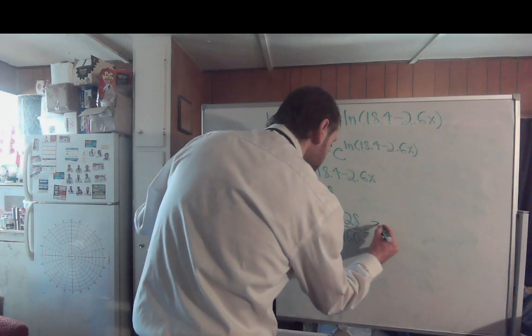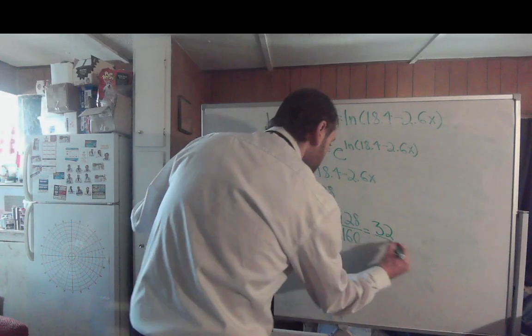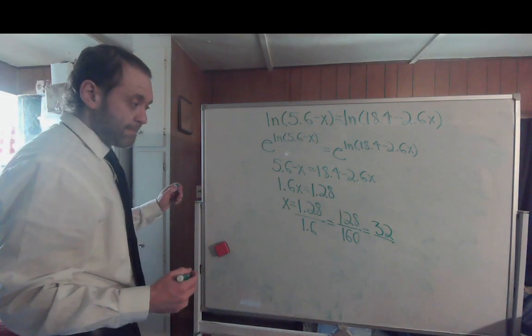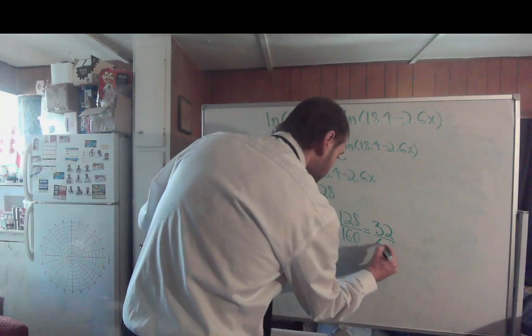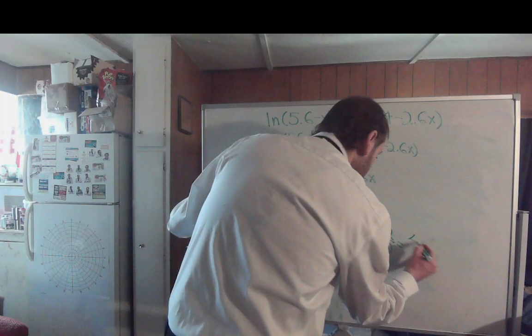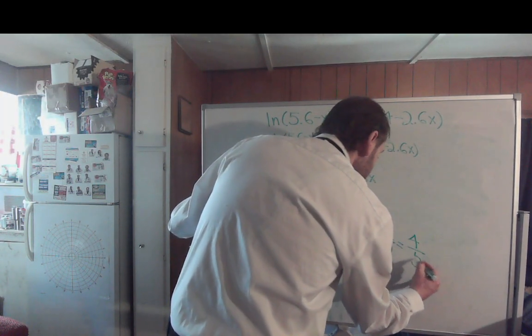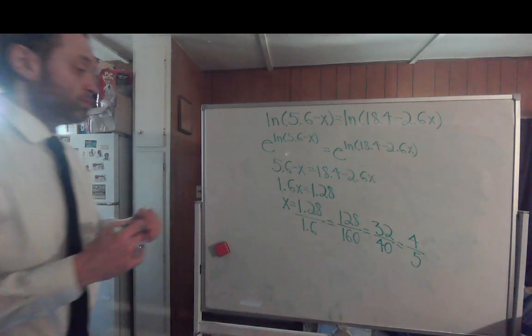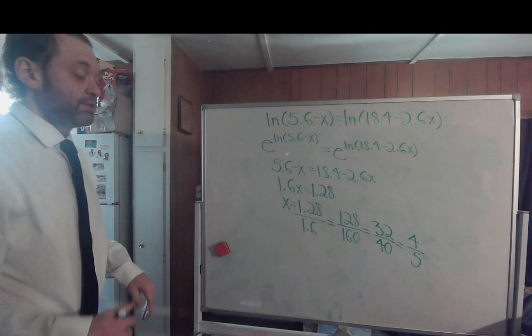Divide by 4, you get 32 over 40. Divide both by 8, you should end up simply getting 4/5. So you would end up getting x equals 4/5.